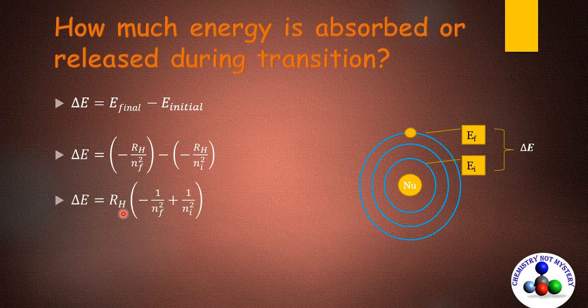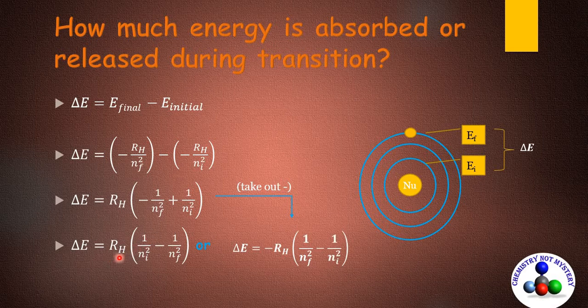Delta E is equal to RH (minus 1 upon n final square plus 1 upon n initial square). So here the negative value comes first, so we can rearrange the equation and we get delta E is equal to RH (1 upon n initial square minus 1 upon n final square).